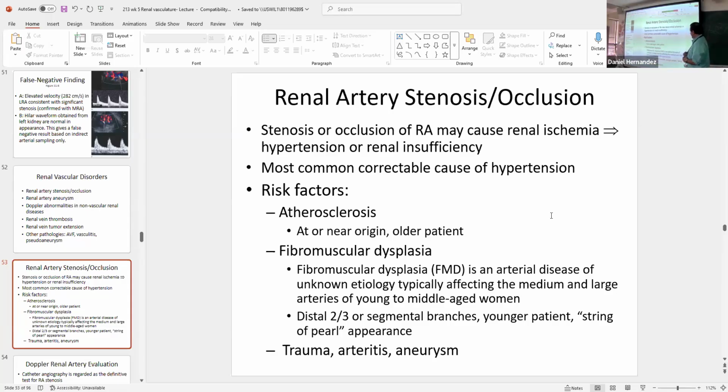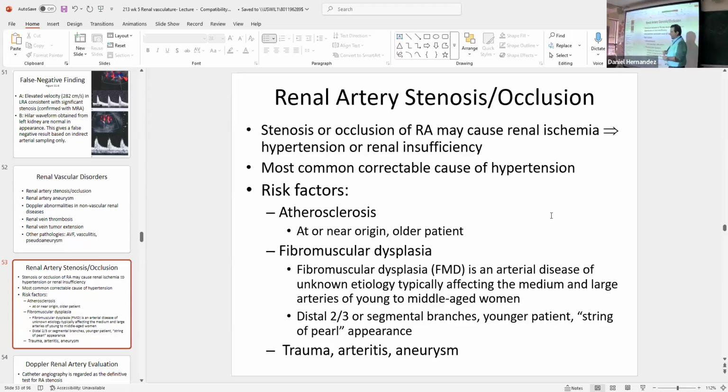So FMD is an arterial disease that affects primarily young to middle-aged women, and it affects the medium to large arteries in our body. So in this case, it's the renal arteries that are affected. It's the internal carotid arteries, in terms of the carotid vasculature, we'd see it maybe in the internal carotid arteries.